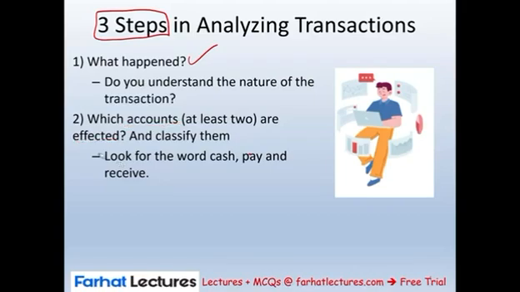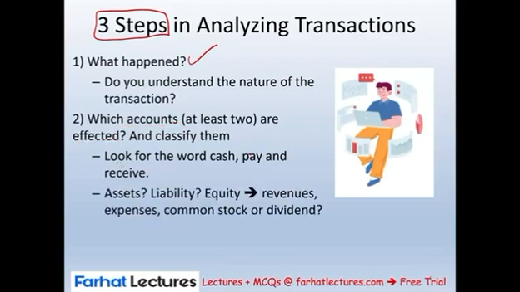Then you classify the accounts. How do you classify them? For example, if cash is involved, you would say cash is an asset. If cash and accounts payable are involved, you would say accounts payable is a liability. If cash and supplies are involved, supplies is an asset. If you have cash and revenues, revenues is the other account.